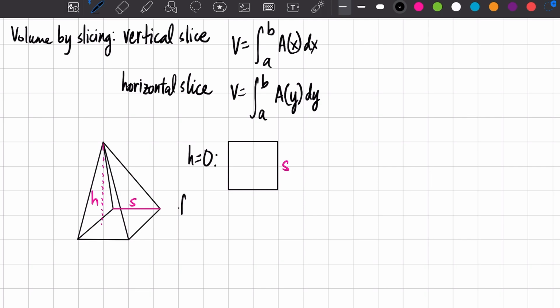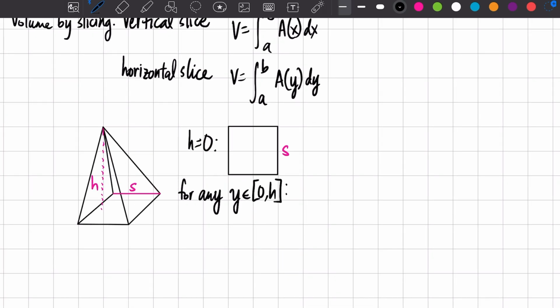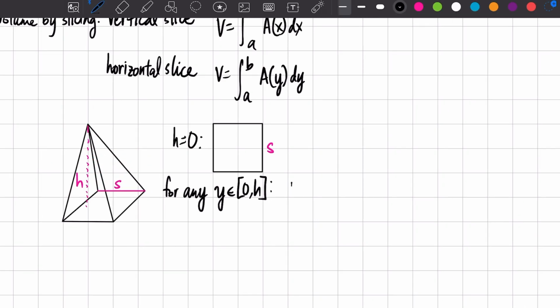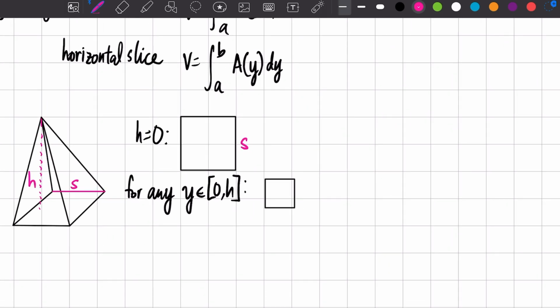But for any y in the interval 0 to h, if you slice a pyramid horizontally, what you'll expect is a square, but this time you will expect that your region will shrink, or the side of the square will shrink. So let's call the side of this one s of y.